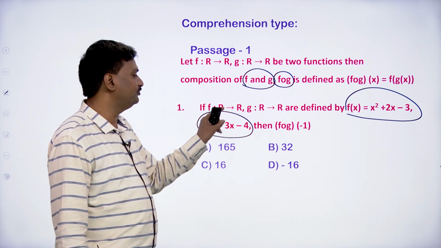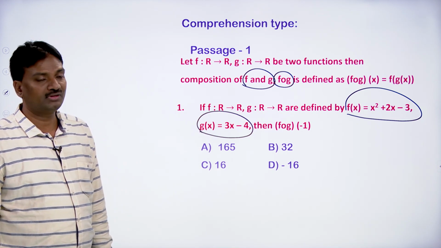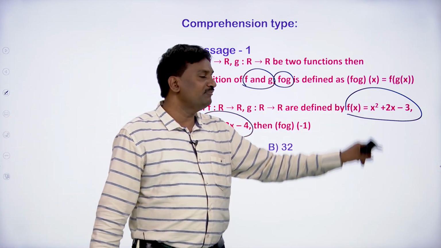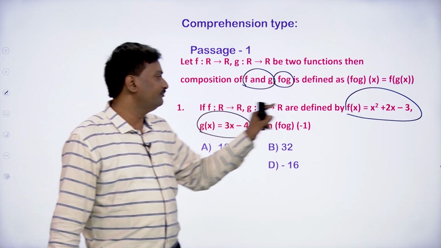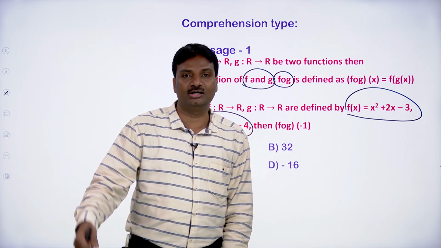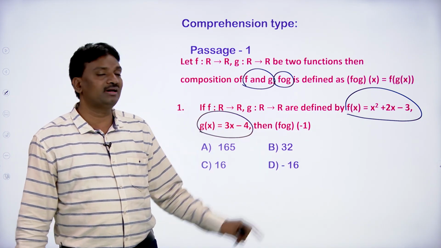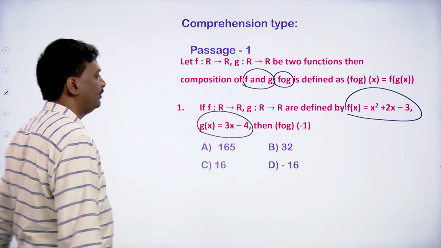So we will get f of 3x minus 4, but f of x is given as x square plus 2x minus 3. So in place of x you can write 3x minus 4 and simplify that. Finally, in place of x by writing minus 1, we will get the value of f circle g of minus 1.